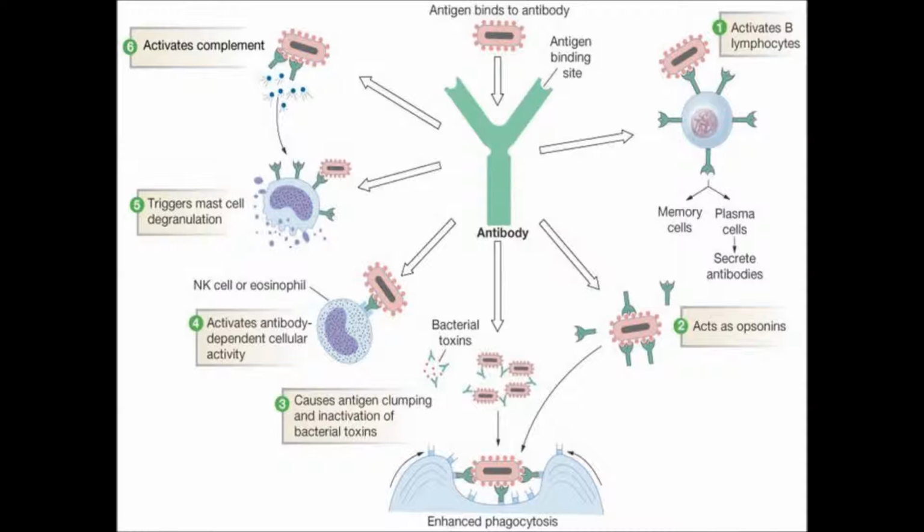And I also explained to you that this formation of memory cells is the principle under which vaccination works. You get challenged with an antigen, you make a short immune response, and then you pack away memory cells. Next time around, you're much better off to be able to overcome these infections.